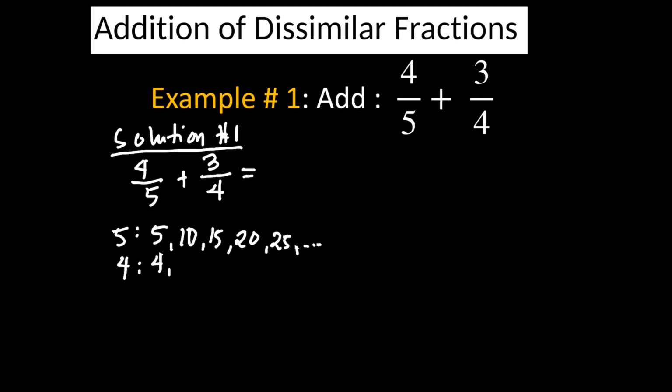How about for 4? We have 4, 8, 12, 16, 20, and so on. And if you notice, there is a common multiple between 5 and 4, that is 20.